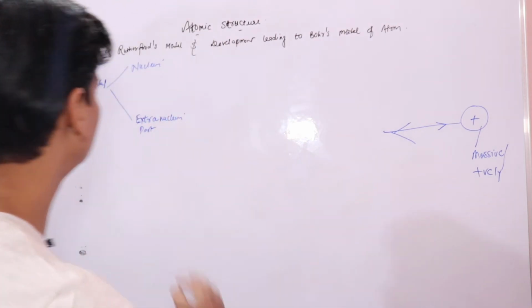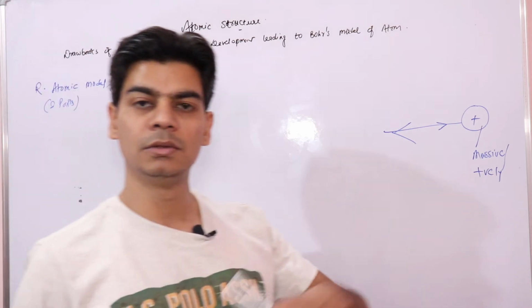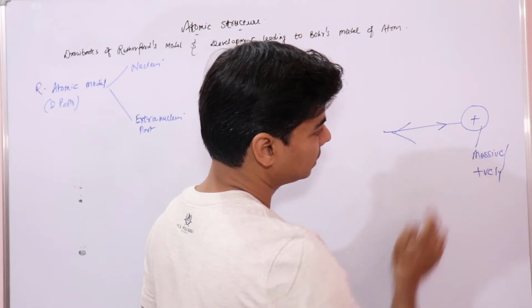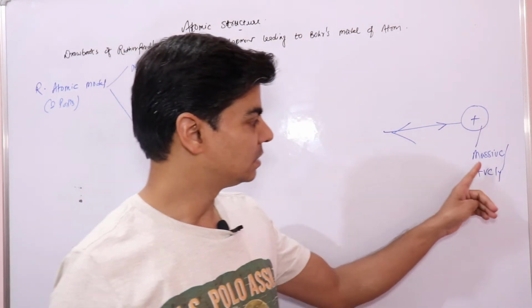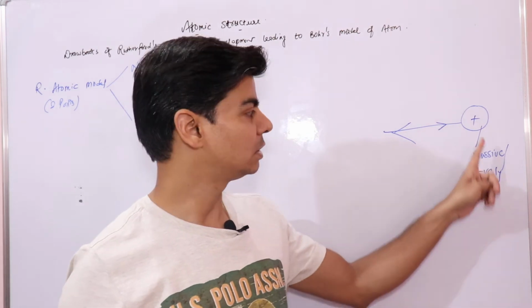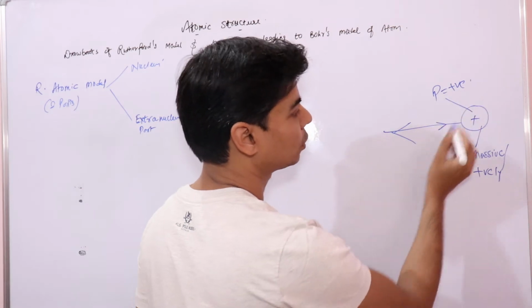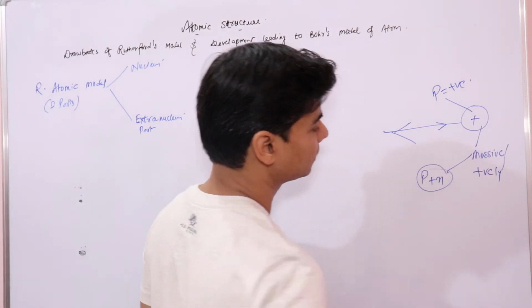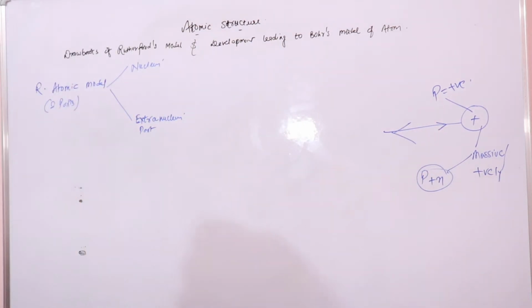This is the most important contribution of Rutherford model, which continued in the future Bohr model as well. And make sure you understand that this positively charged nucleus is positively charged because of the protons, and is massive due to protons plus neutrons. This was as per Rutherford's model, right.